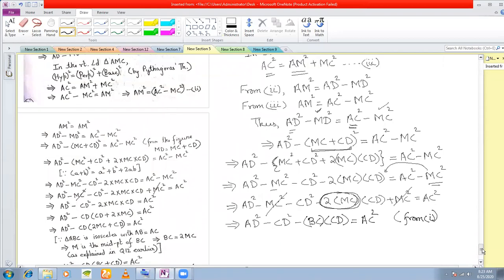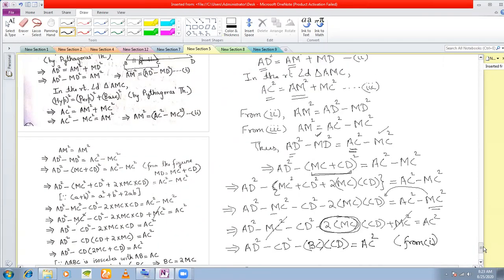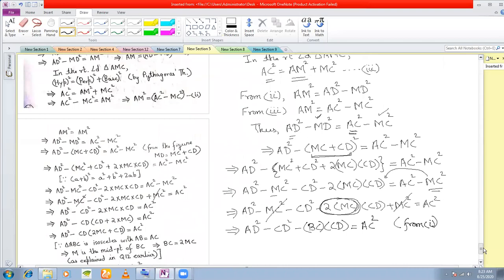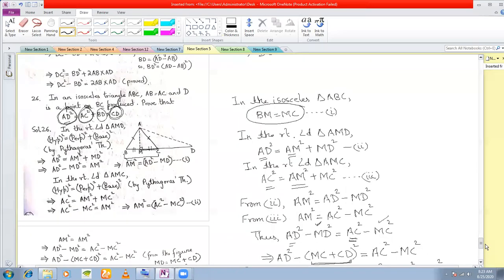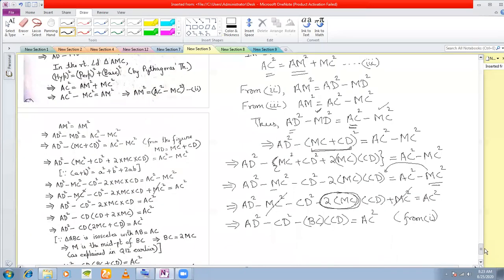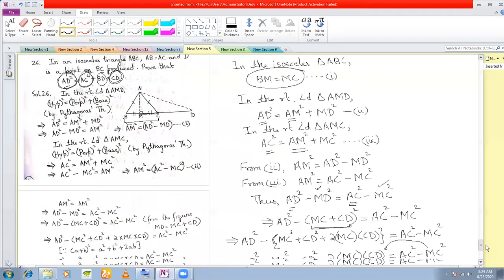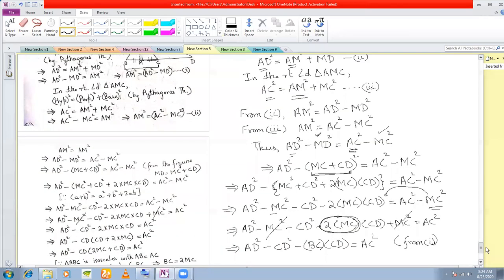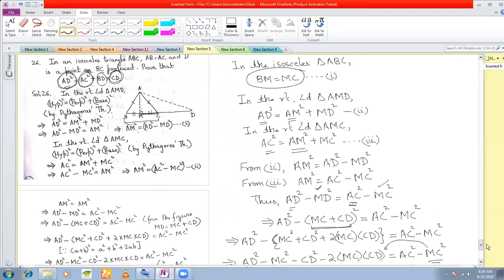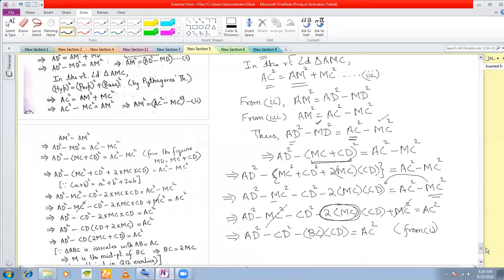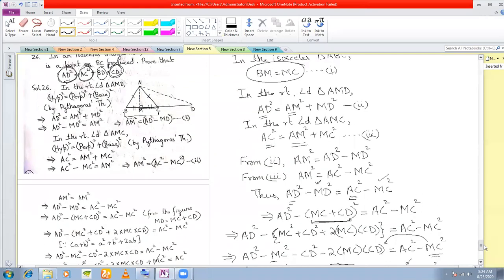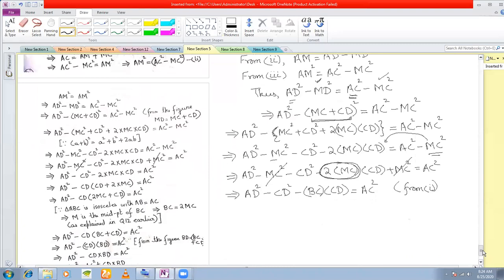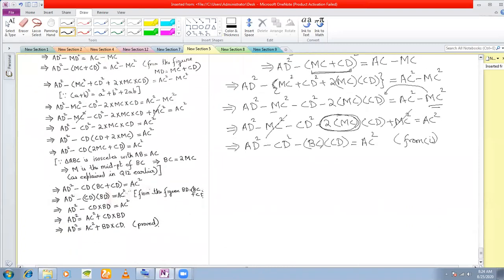Now let's see whether we have everything that is there in the proof or not. We have AD. Yes, we have AD. We have CD. Yes, we have CD. We have BD. Yes, we have. And you have CD also. Fine. But the problem is we don't have a CD square.